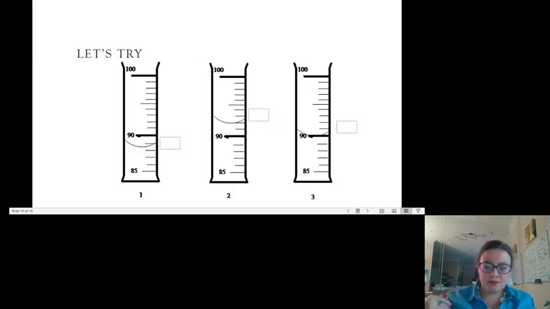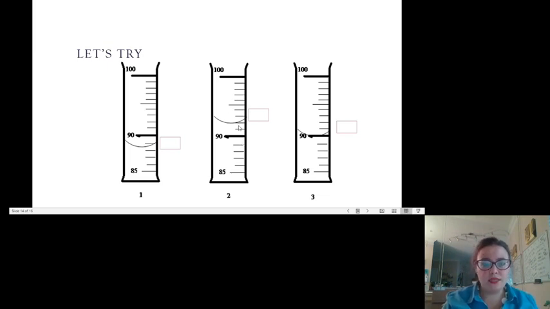So take a minute, think about these three. So if we look at this one, these are increments of 1, because if we count them all up, so 85, 86, 87, 88, that meniscus falls kind of in the middle, so we're going to say 88.5.